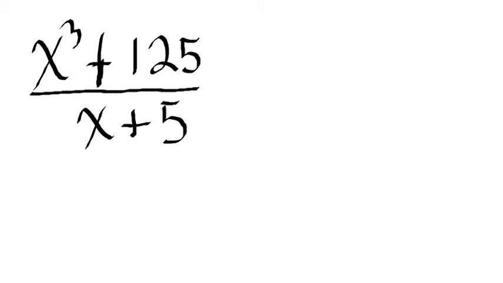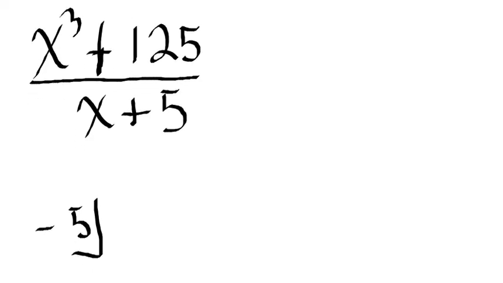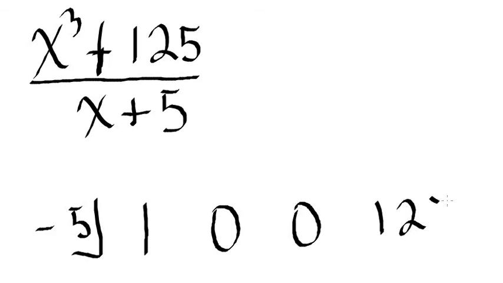All right, so it's x plus 5, so that means that we're going to write a minus 5. Now, we got some placeholders here, so we're going to write the 1, which is the coefficient out front of x cubed. We got 0 for x squared, a 0 for x, and then 125.